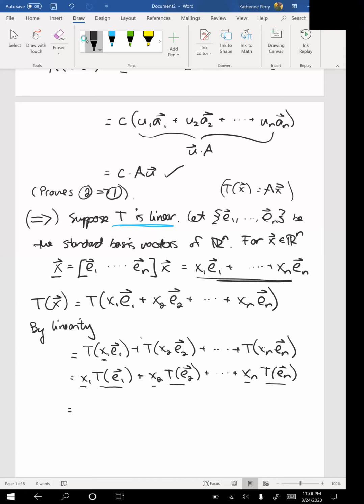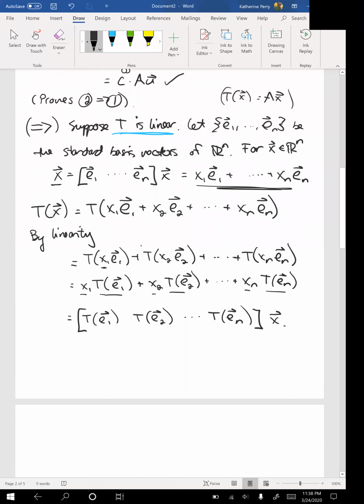So another way to write this is as the matrix T of e1, T of e2, all the way down to T of en, times my vector x. And so anytime I have a linear transformation, I can write it in this form, where this right here is going to be called my standard matrix.